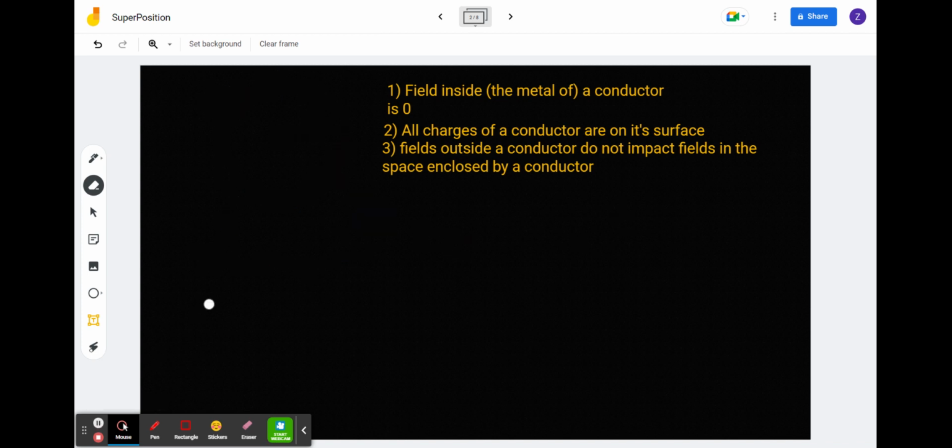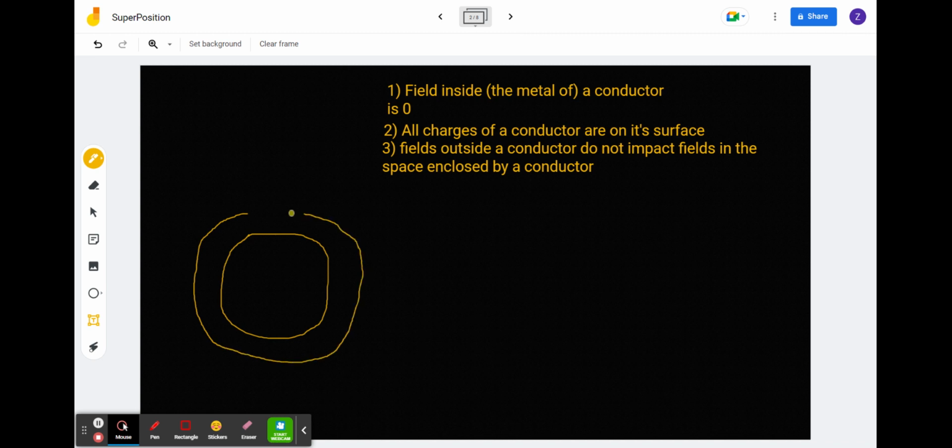So now the last thing we need to talk about before we start diving into AP problems is the polarization of the shell, or the conductor, when there is a charge inside. Let me draw a very big conductor, and I'm just increasing the thickness of it, and you'll see why.